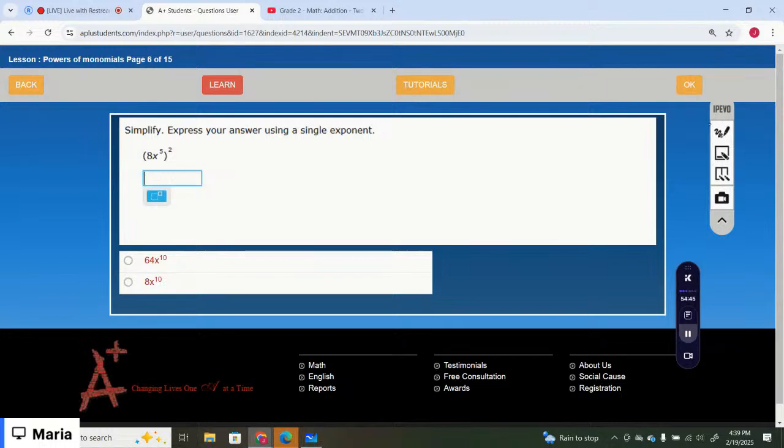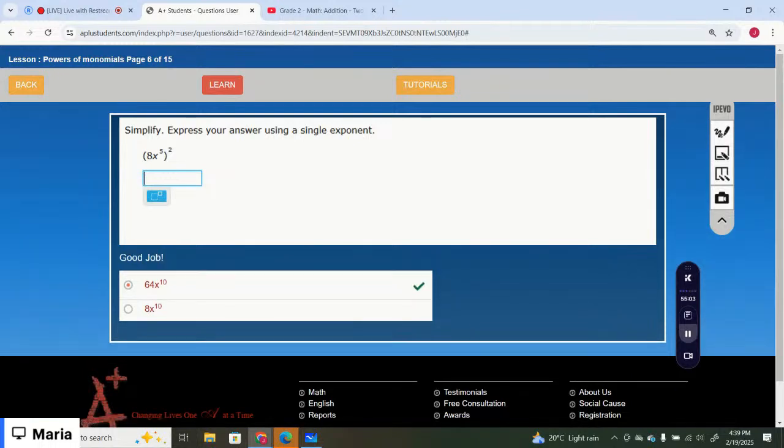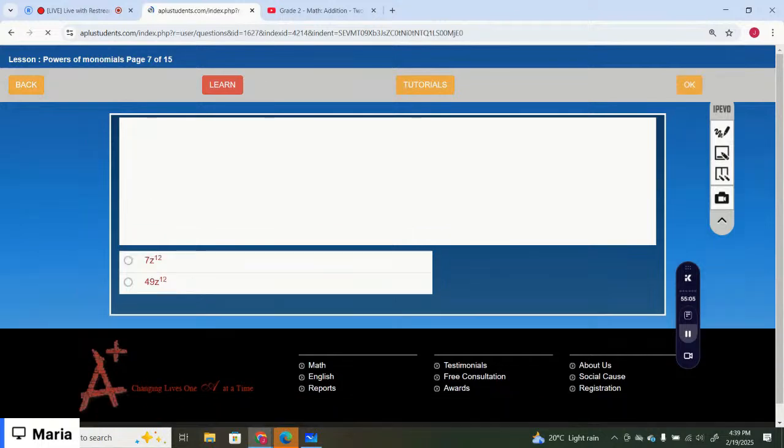8x^5 squared, which is the correct option? That is 64x^10. Option number 1 is the correct option. 7z^6 squared.